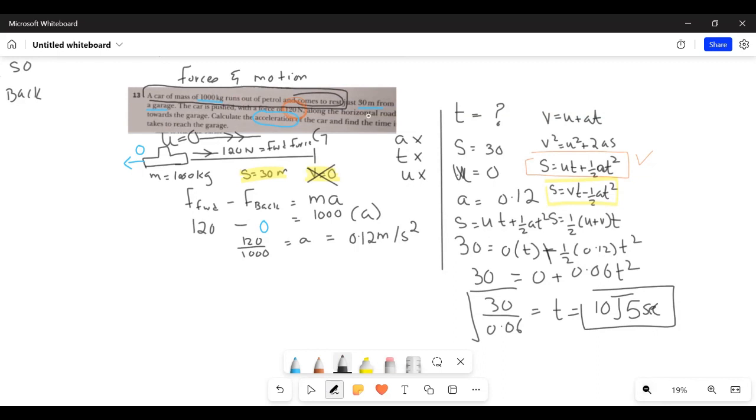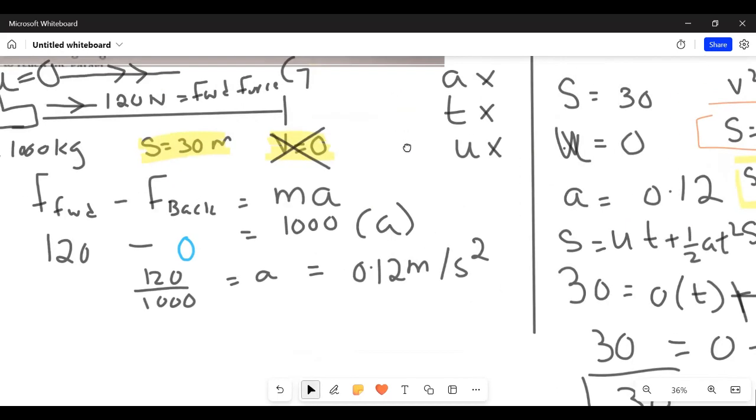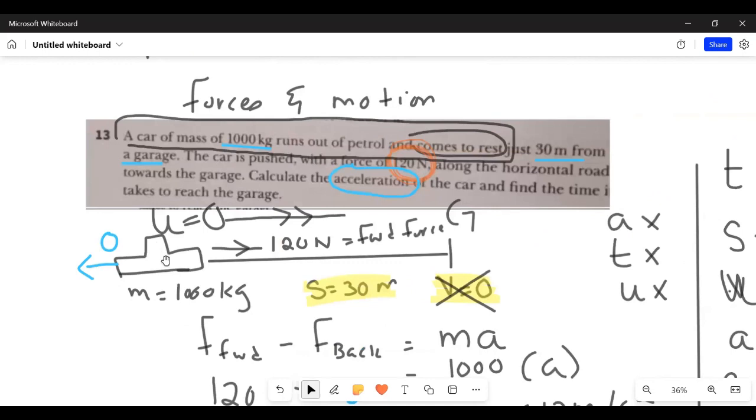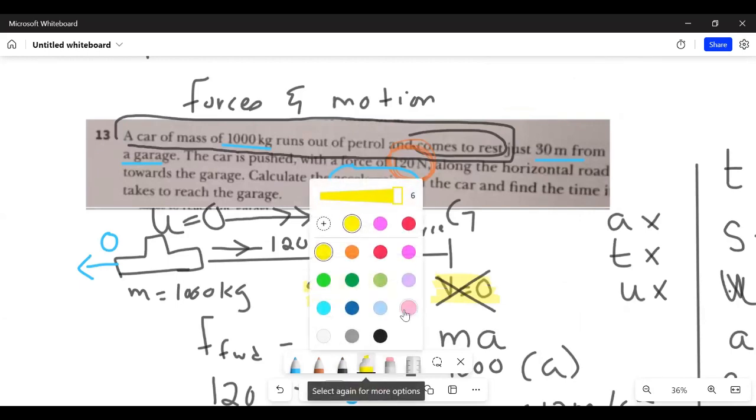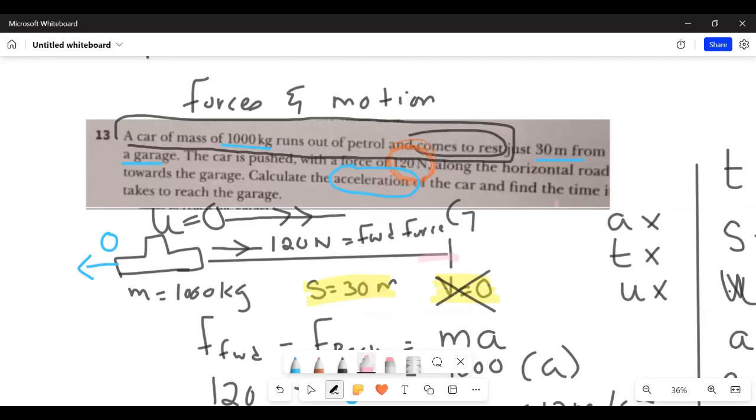Any questions here? पहले Ma'am, part, can you explain why U is 0? Because I had misunderstood the question. Question ने ये कहा है कि a car runs out of petrol and comes to rest. So it runs out of petrol 30 meters away from the garage.